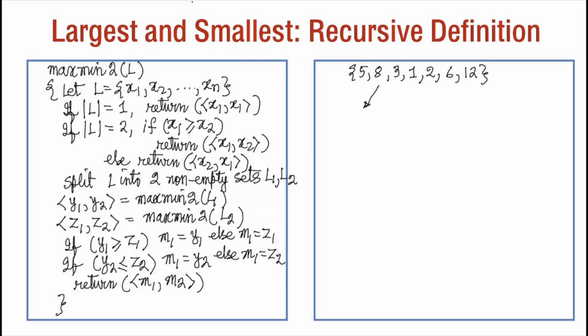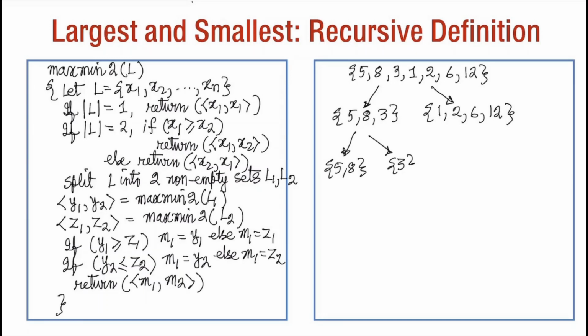Let us say we split it into 5, 8, 3 and 1, 2, 6, 12. Again, this one we break it up into 5, 8, and this one we break it up into 3. This one we break it up into, let us say, 1 and 2, 6, 12.